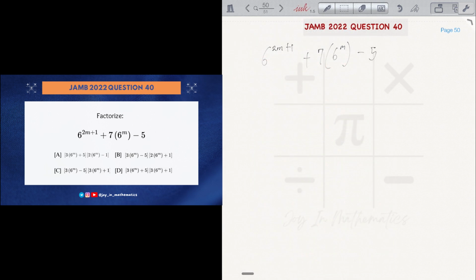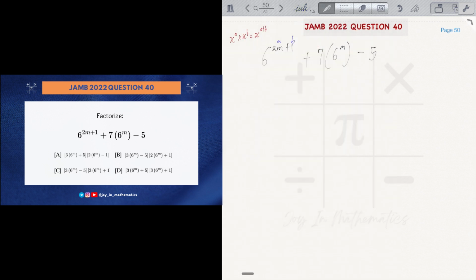If we have x raised to the power of a multiplied by x raised to the power of b, it will also be x raised to the power of a plus b. So if we call this a and this b, and 6 is standing as x, let's apply what we have here to the first term.